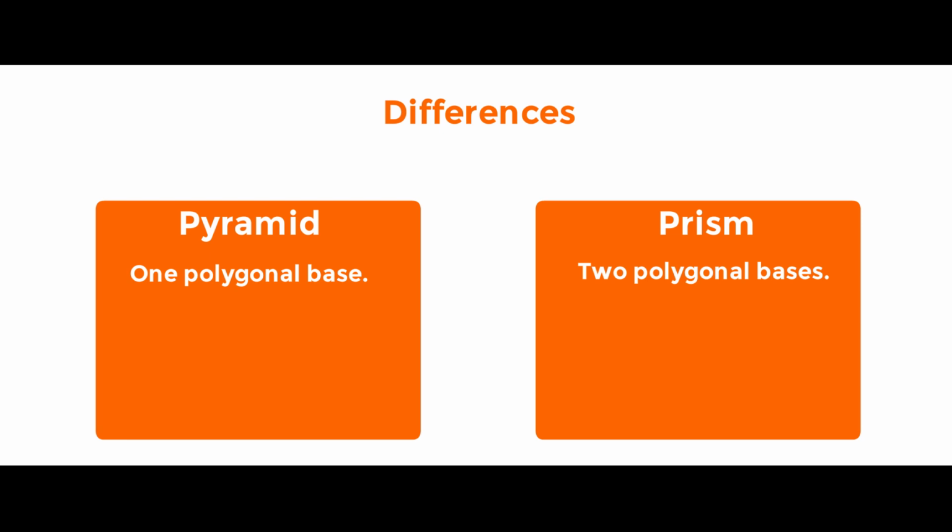A prism has two polygonal bases. A pyramid has triangular faces. A prism has rectangular faces. So these are the very important differences between pyramid and prism.